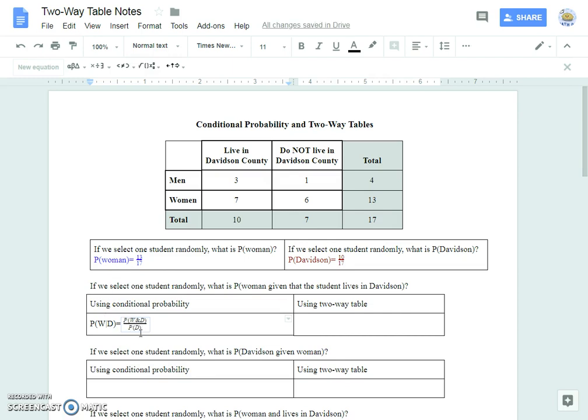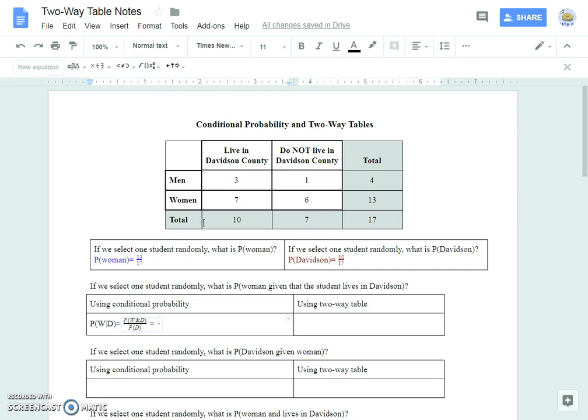The way I like to think about conditional probability is both conditions over the given condition. So both over given. What's the probability that they're a woman and they live in Davidson County?